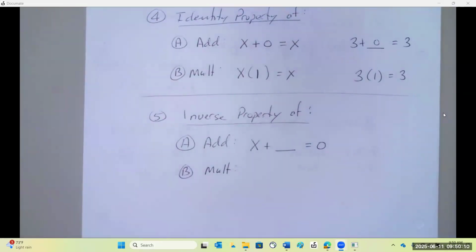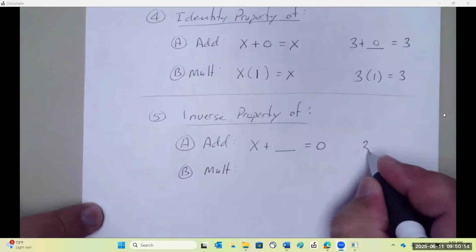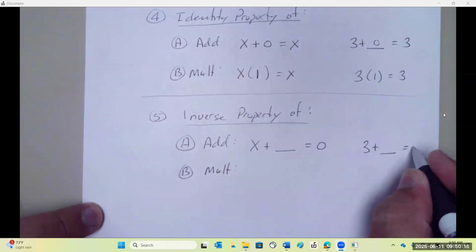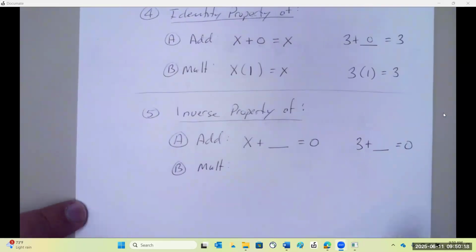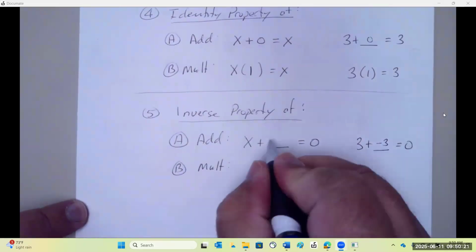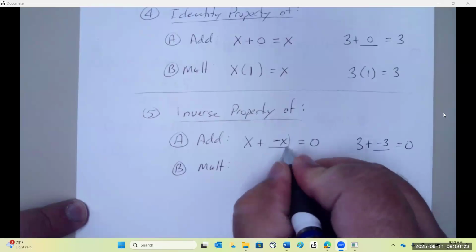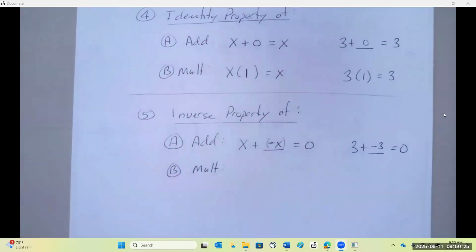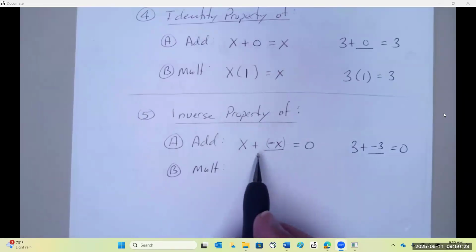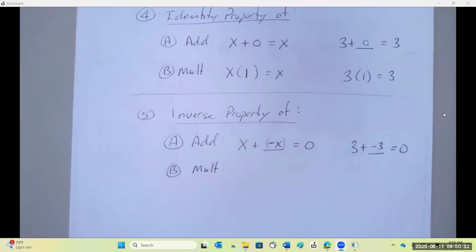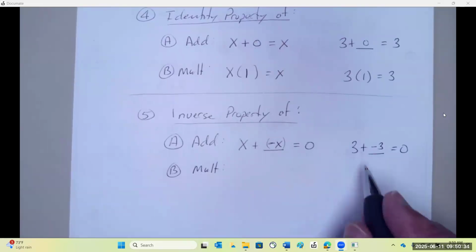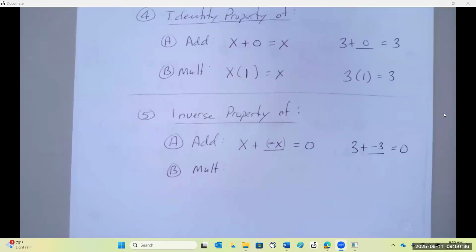It gives me 0. So 3 plus what gives me 0? Minus 3. So it's negative x. So if I add the same number but different signs, they disappear. So negative 3 plus 3 is 0. 5 plus negative 5 is 0.